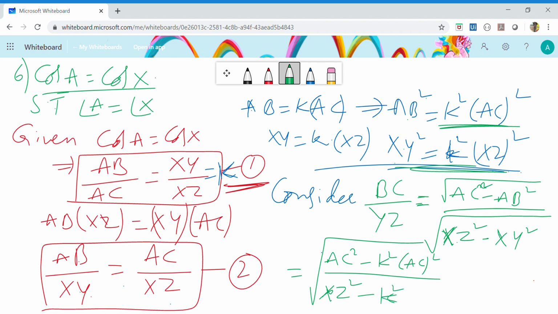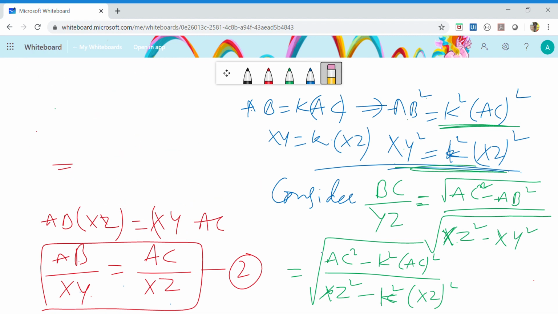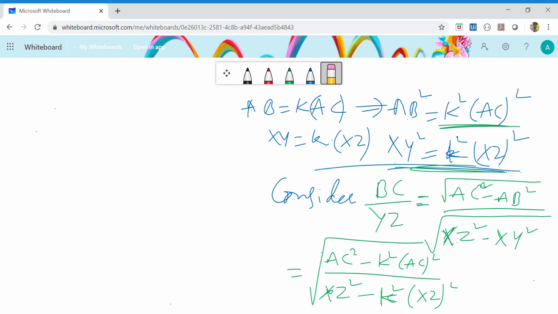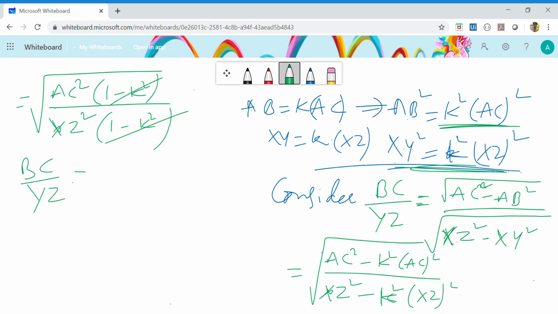So this is equal to, here I will take AC square common, 1 minus K square, divided by XZ square with 1 minus K square common, gets cancelled. So BC by YZ is equal to AC by XZ whole square under root, which gets cancelled. So I will get AC by XZ.